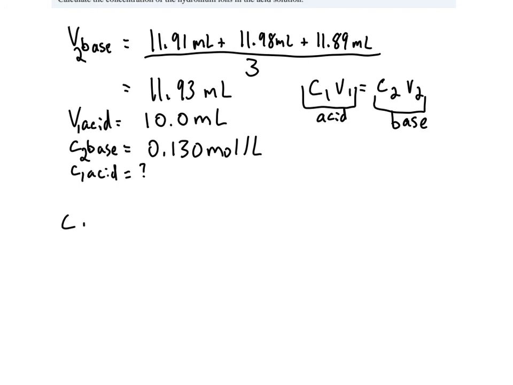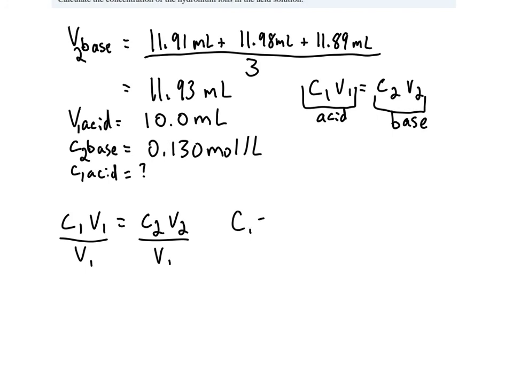So we need to rearrange this formula. C1V1 is equal to C2V2, and we need to divide by V1 on this side and divide by V1 on this side in order to get C1 alone.